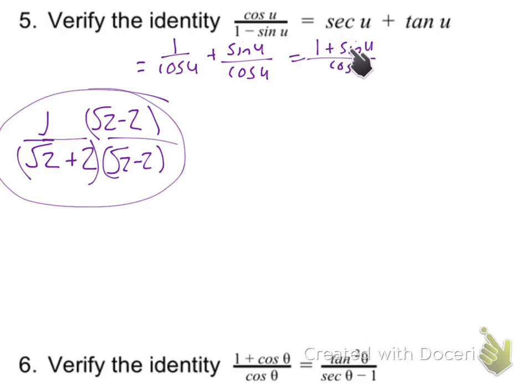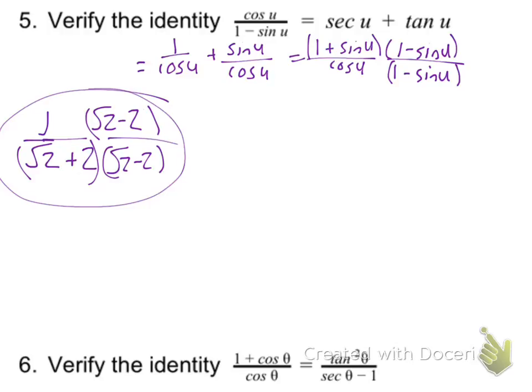Listen, if I could change something, I could multiply this one, the top and bottom, by not 1 plus, but 1 minus. It's not going to cancel out the bottom yet. Not yet. Is everybody okay with me multiplying by 1? Yes. That's a legal move.